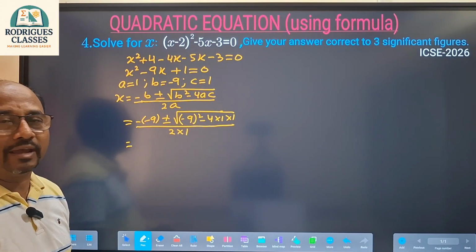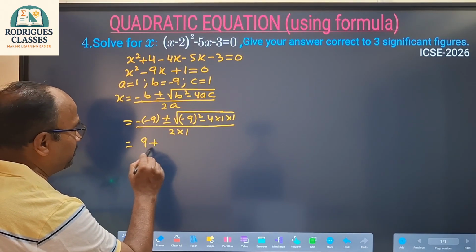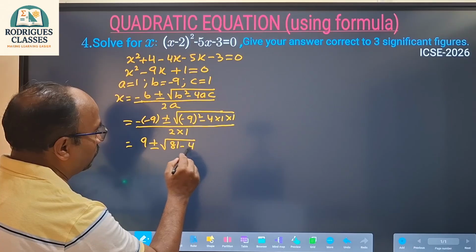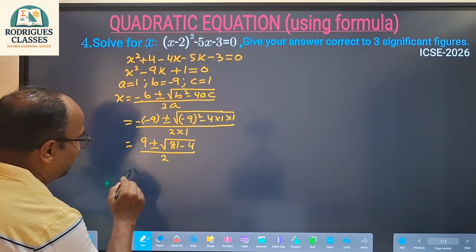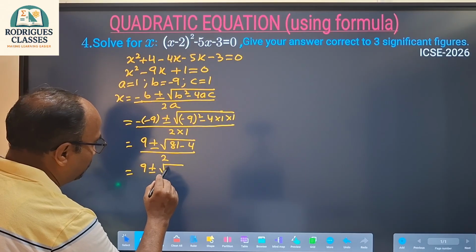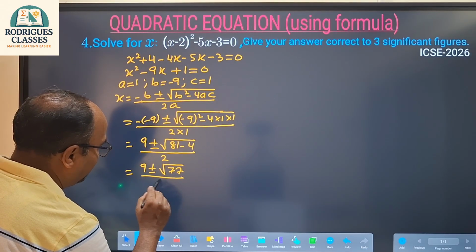So minus and minus 9 will give you plus 9 plus minus. This is 81 and this is 4. So divided by 2. So 9 plus minus. This will give you root of 77 by 2.